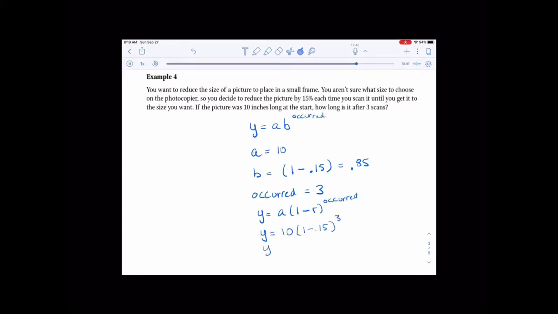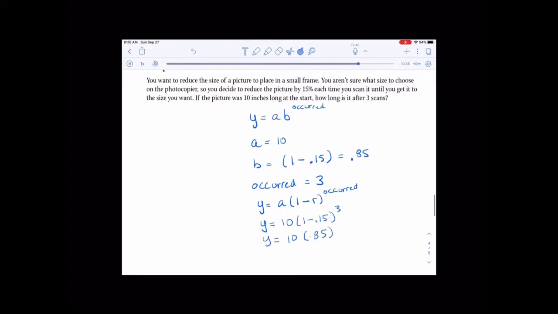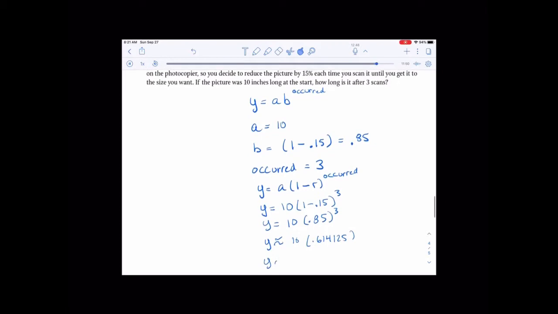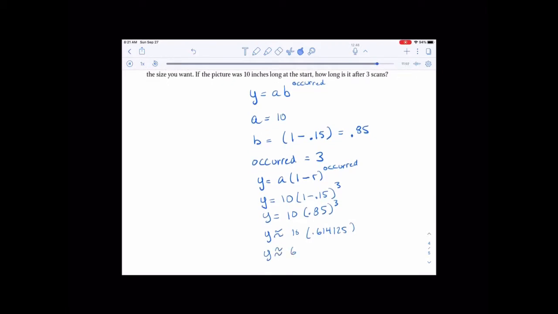This simplifies to 10 multiplied by 0.85 raised to the 3rd power, which simplifies to y is equal to approximately 10 multiplied by 0.614125, which is approximately 6.14.